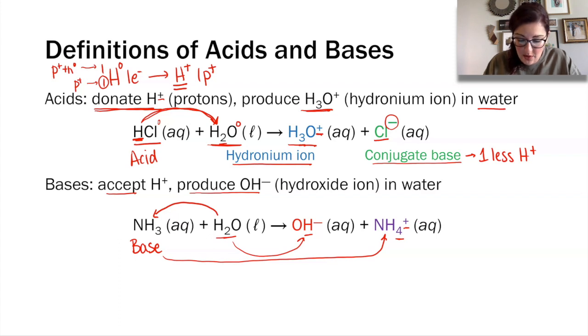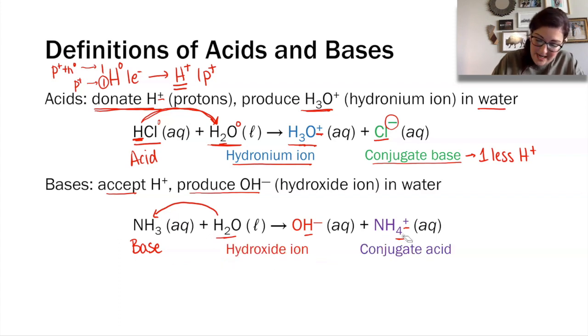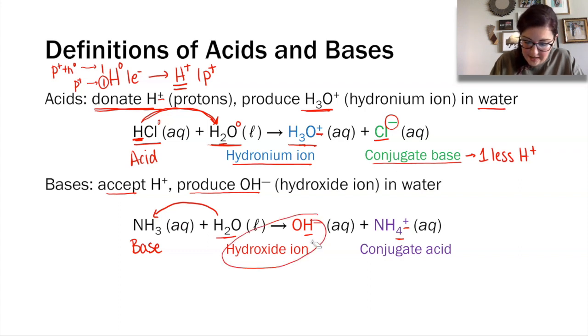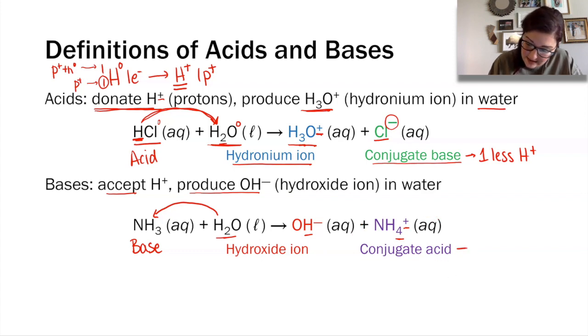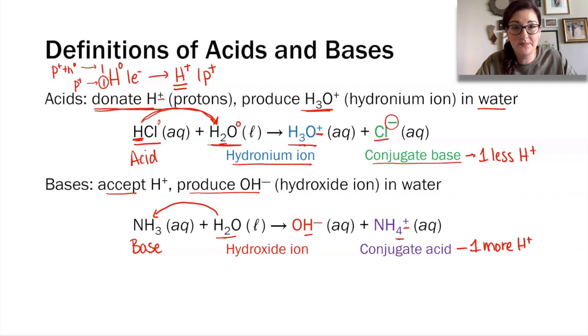So in general, bases react with water to form the hydroxide ion and its conjugate acid. The conjugate acid of a base has one more H plus than the corresponding base.